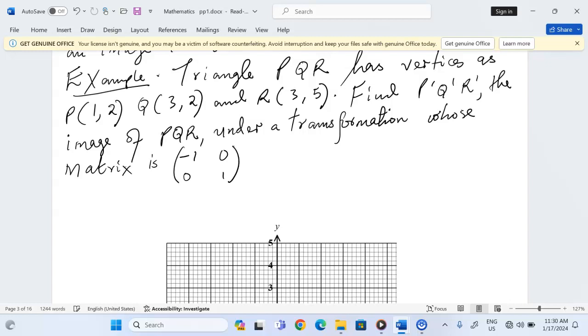So this is a matrix of transformation, and it's going to transform triangle PQR to triangle P'Q'R'.